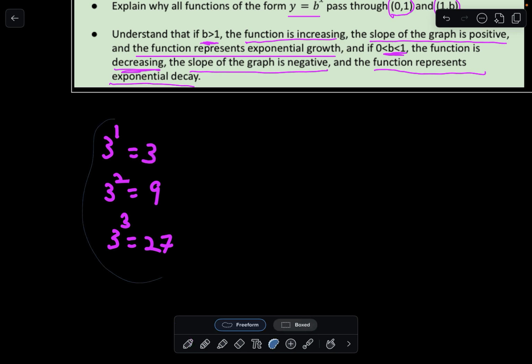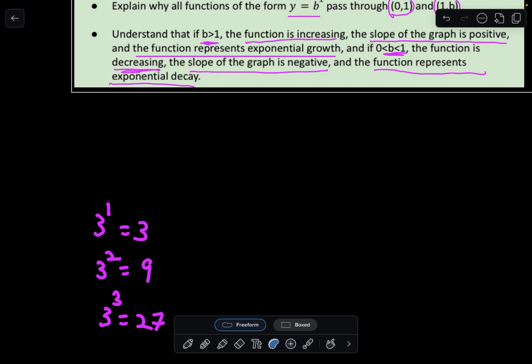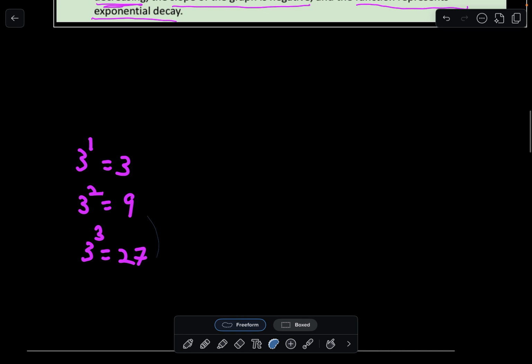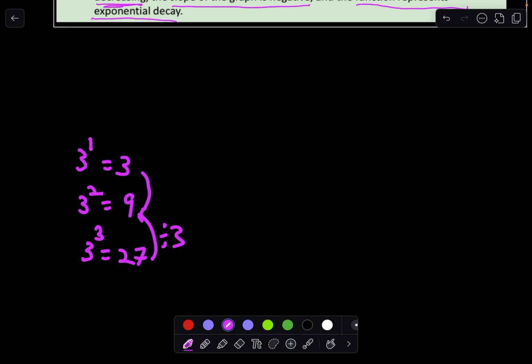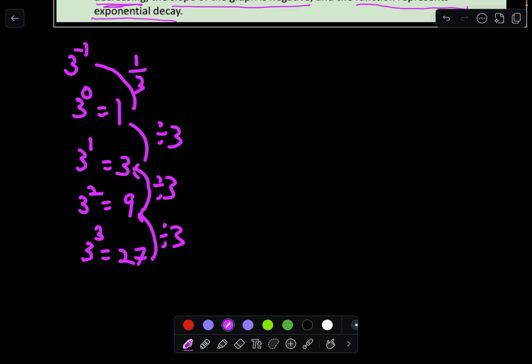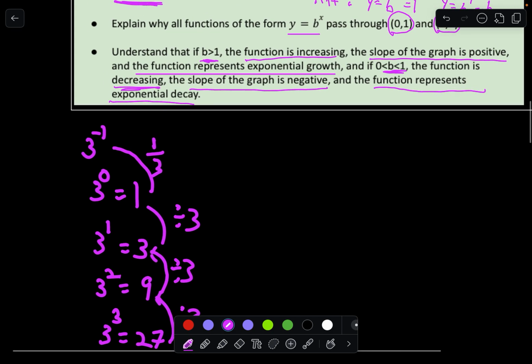If we keep going, notice that each time we decrease the power, we are dividing by 3. So that tells us 3 to the 0 is going to be 1. Why? Because that is 3 divided by 3. And guess what 3 to the negative 1 is? We take 1 and divide it by 3, and it is 1 over 3. And the next one, 3 to the negative 2, would be 1 over 3 squared.